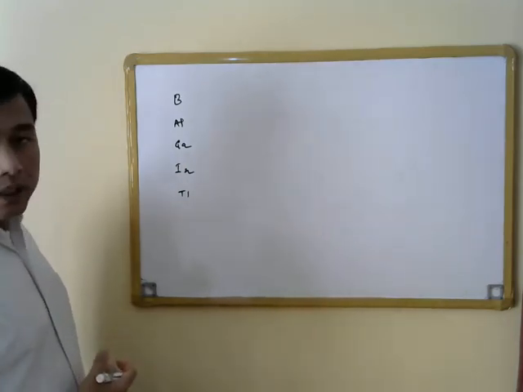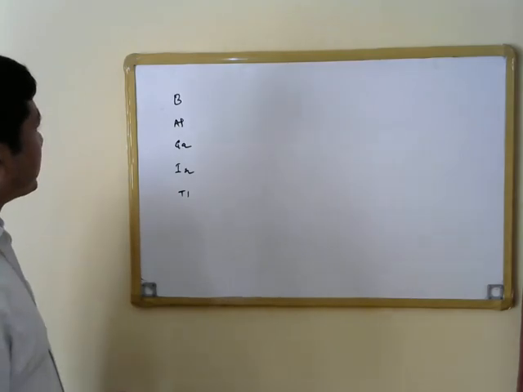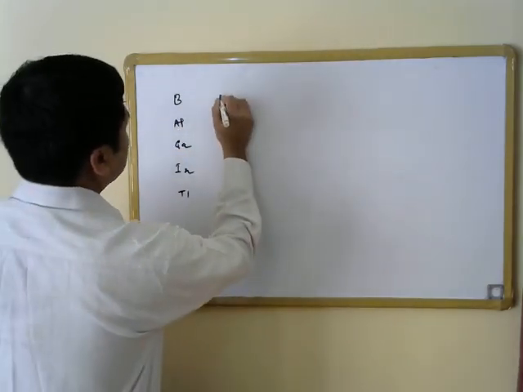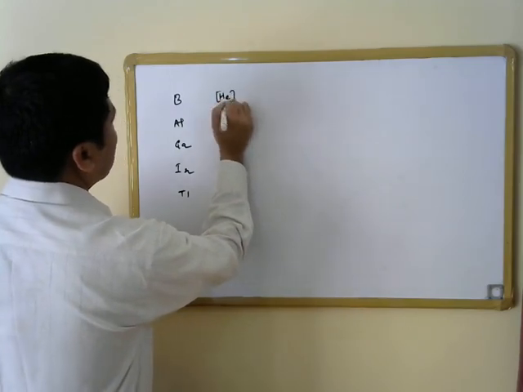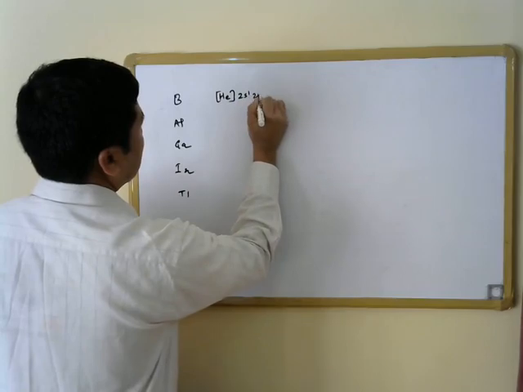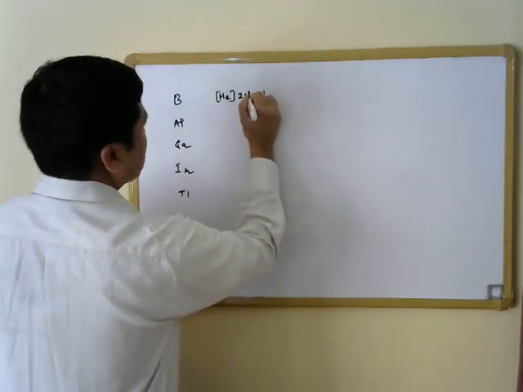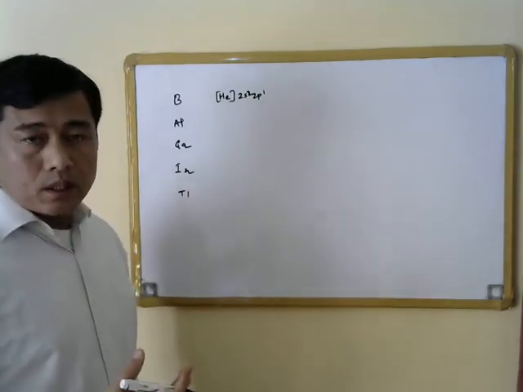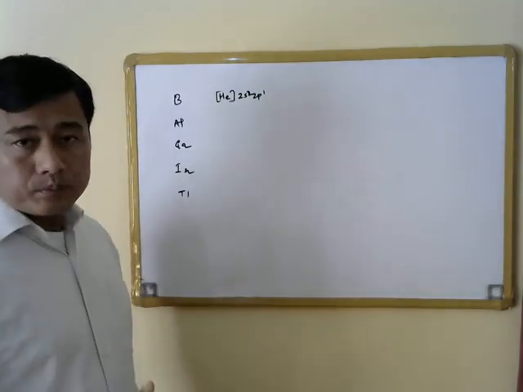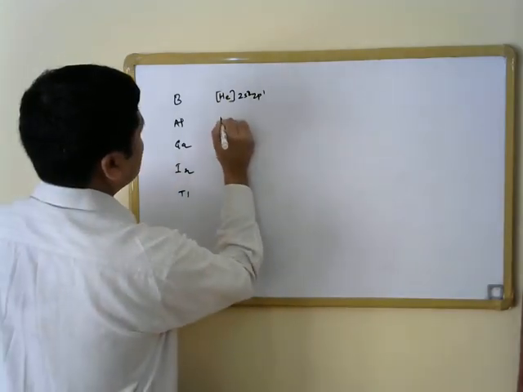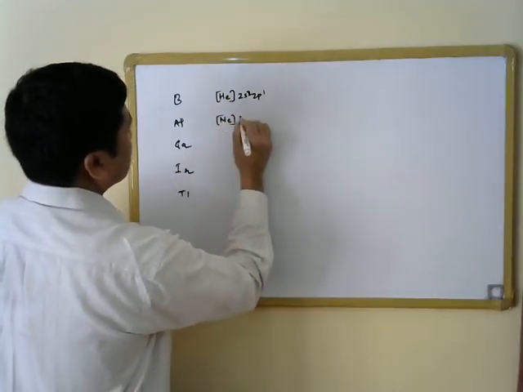Now if you look at the electronic configuration, the valence shell electronic configuration for boron we can write as 2s2 2p1. For all of these elements, there are 3 electrons in the valence shell. Let us write the electronic configuration.